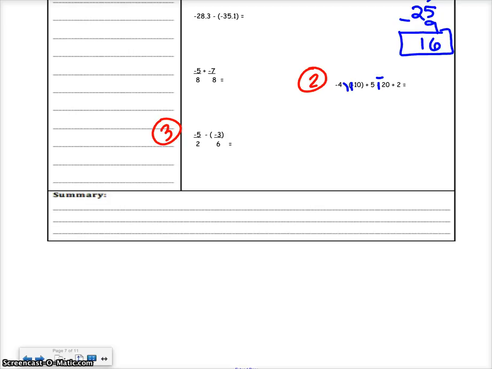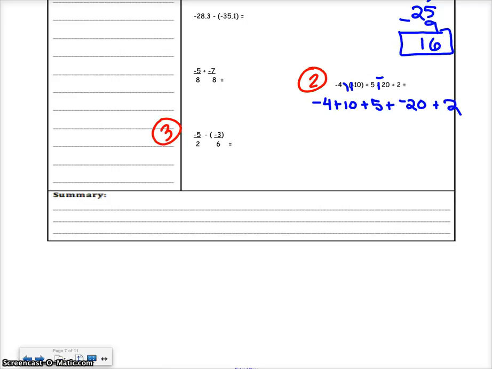Now, I don't know about you, but I'm looking at that and my brain's feeling a little confused because it looks messy. So I'm taking the second that it takes to make it look more organized. Negative 4 plus 10 plus 5 plus a negative 20 plus 2. I still don't love it, but I can definitely work with it better than I can the original problem.